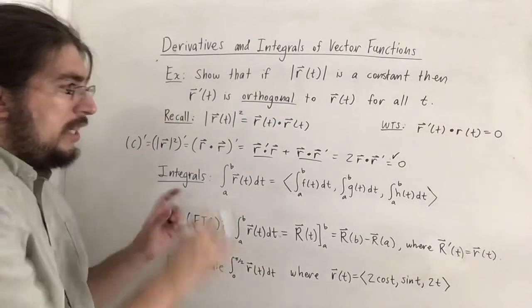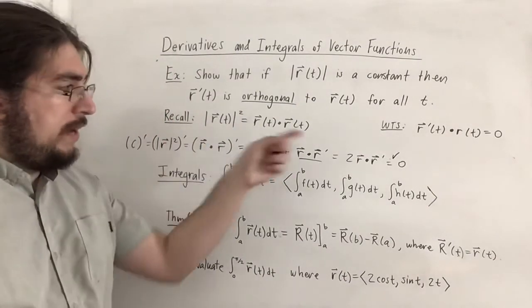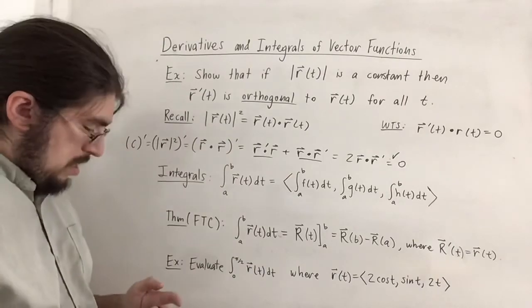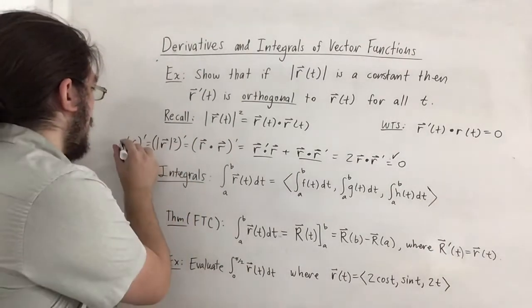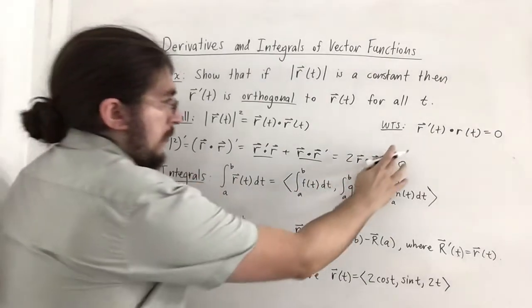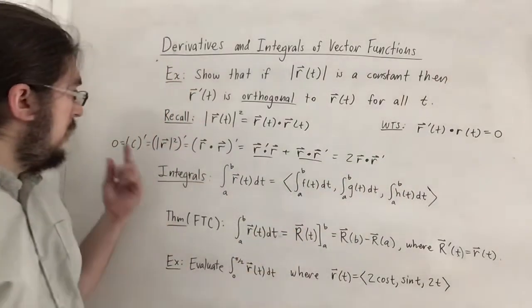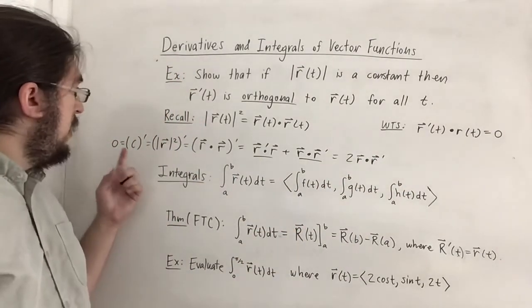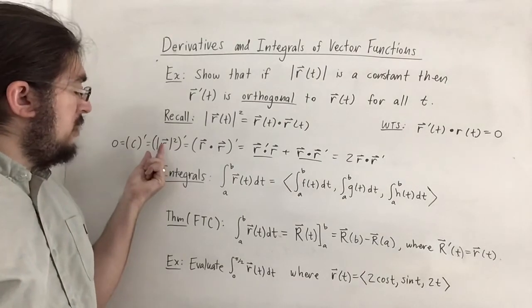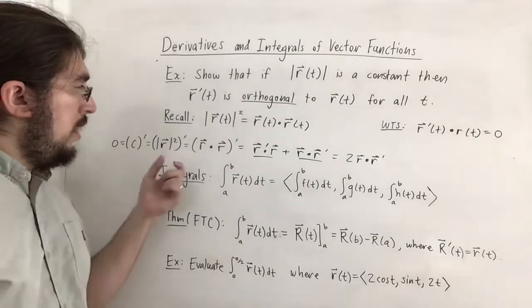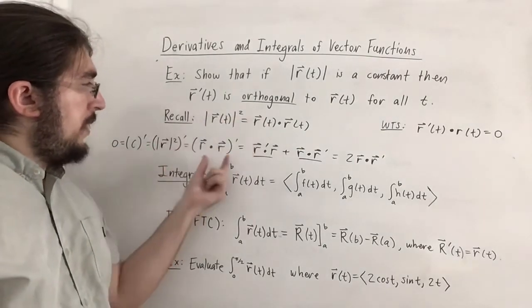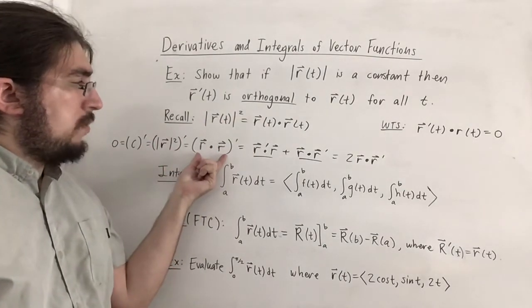Awesome. So I showed it in a kind of weird way just because of my space here and the shorthand language I'm using. But I guess you could say it going this way. Maybe that looks a little better. The derivative of any constant is 0. If the constant is the magnitude squared, then the derivative of that is obviously 0 as well. And magnitude squared from this property here is just the function dot product with itself.